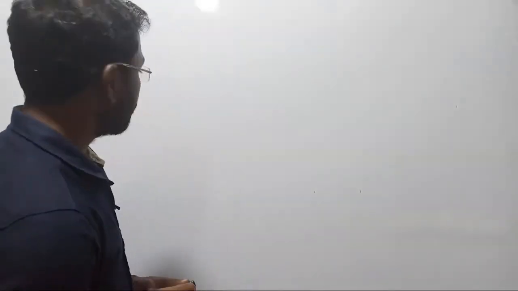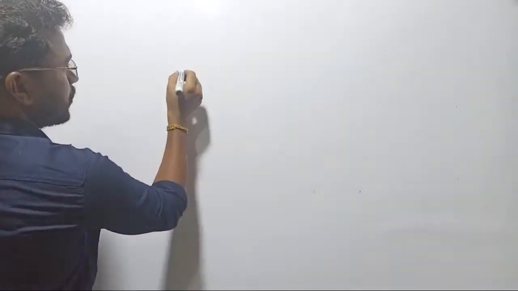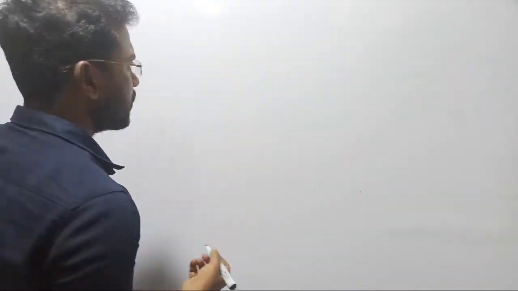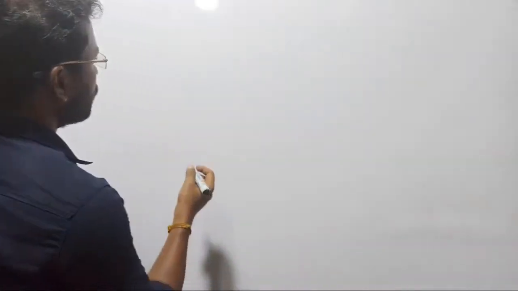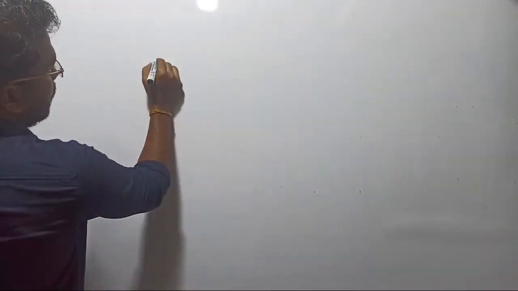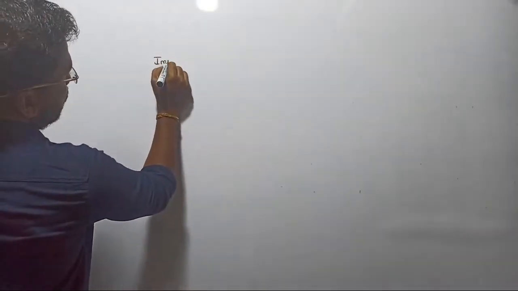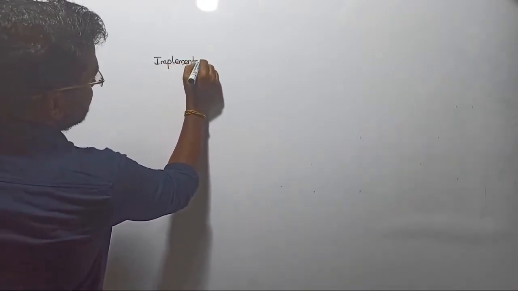Let us see implementation of Boolean expressions with the help of a mux. Now I am teaching you how to do that, so the basics you have to remember. While implementing the mux, we should learn some basics.